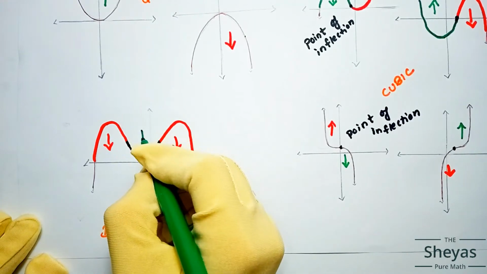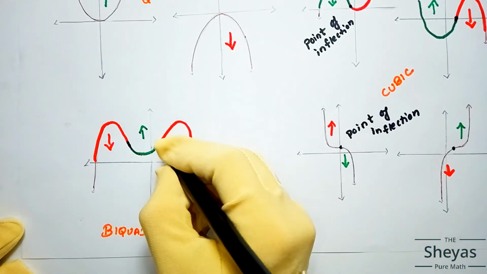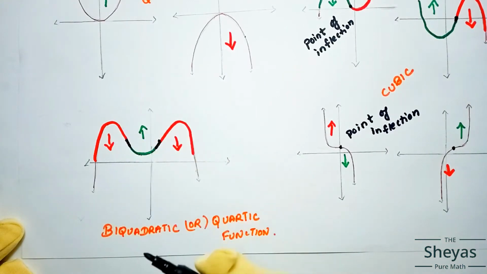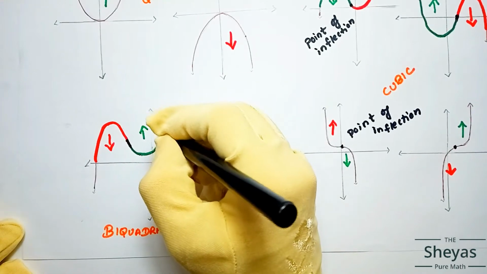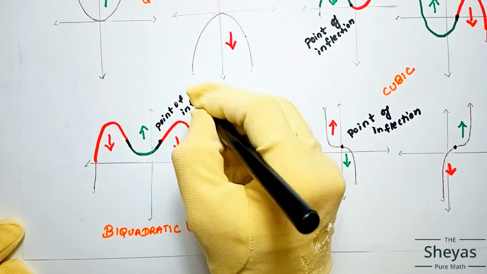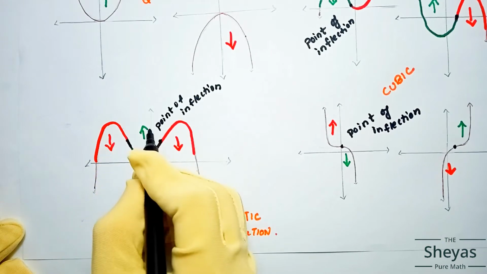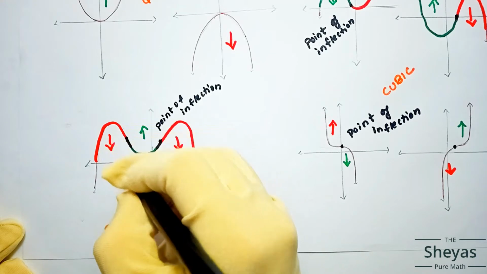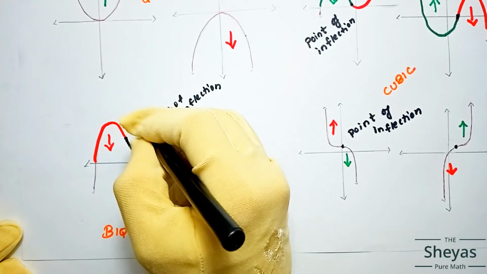So at the point where the change of direction occurs, where the concavity changes, we call this the point of inflection. And just see here, here also, because it is downwards, then it changes to upwards. So this point where the concavity changes or where the graph changes its direction, we call the point of inflection.